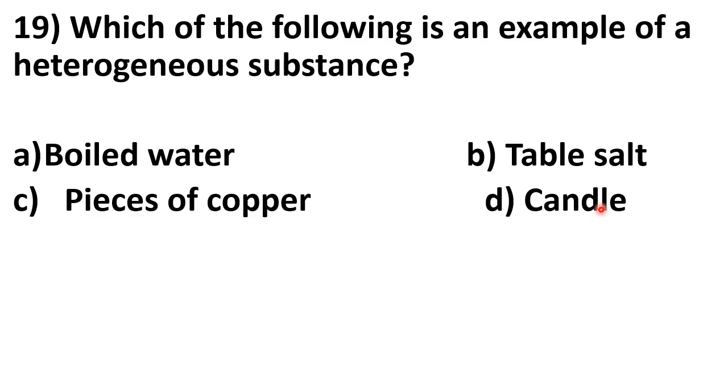Then a candle is made from paraffin wax, or it can also be made from microcrystalline wax, or it can be obtained from a gel, a mixture of polymer and mineral oil. So it is not uniform throughout the composition. So for a heterogeneous substance, the example we can give is the candle. Therefore the correct answer is D.